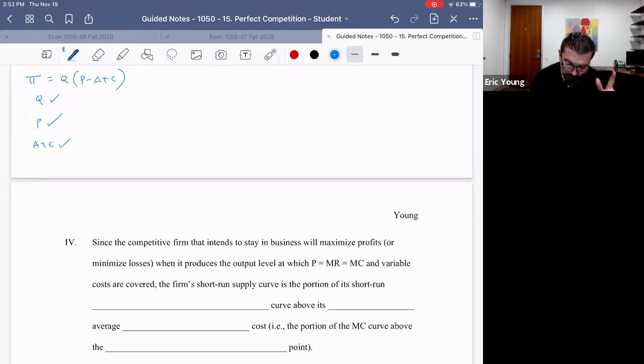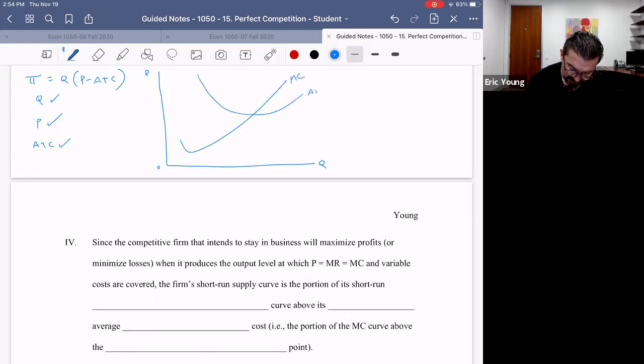Good stuff. We also learned, my friends, if you recall, that there are basically three situations with some exceptions, so it's a bit more than three. But there's a handful of situations or outcomes that you can get. Let's start off by assuming that we have a Nike swoosh MC and an ATC and an AVC.